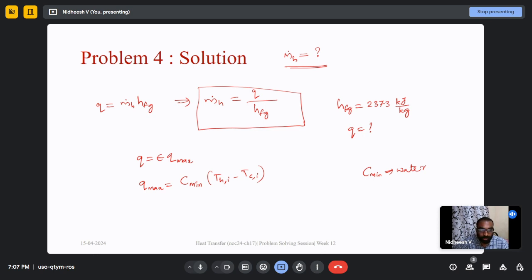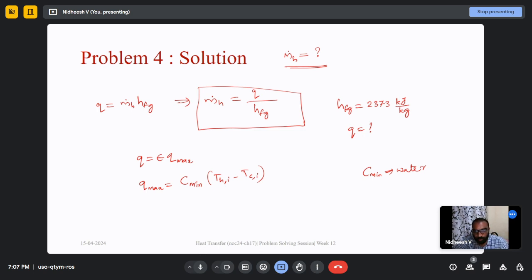So the C min will be associated with water because it is the heat that is carried by the water to change its temperature through unit temperature, unit degree Celsius or Kelvin.